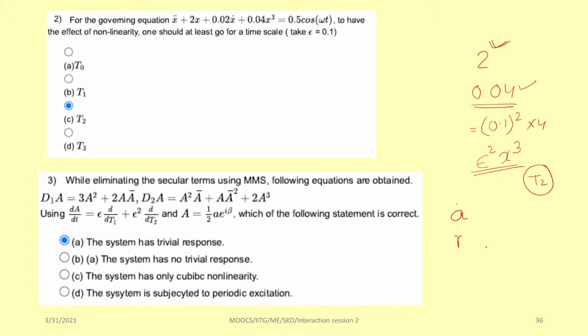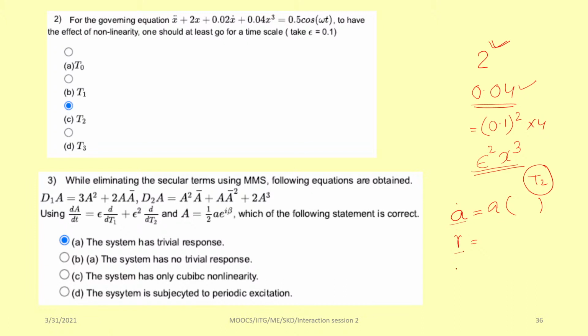If you do this, you can see that in the a dot equation you can have a term a multiplied by something. Similarly, in the gamma equation also you will get it. Here you can clearly observe that for steady state, a and gamma will not be functions of time. So a dot equal to 0 and gamma dot equal to 0.